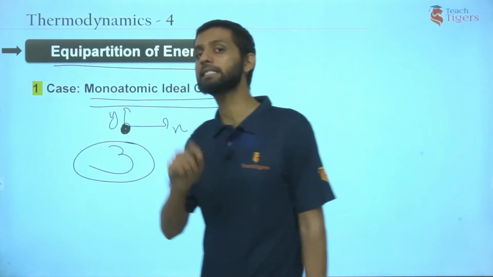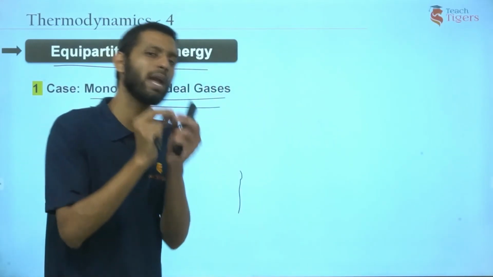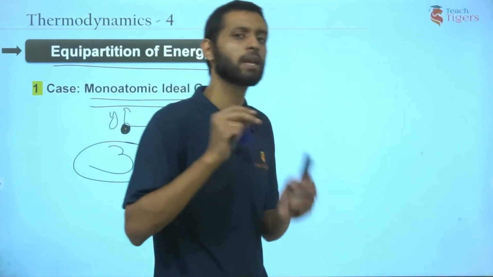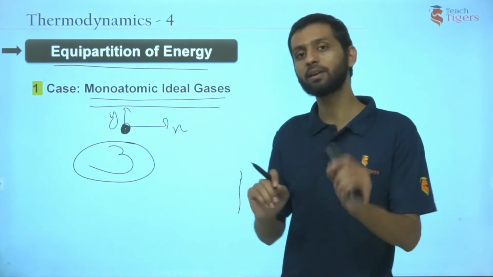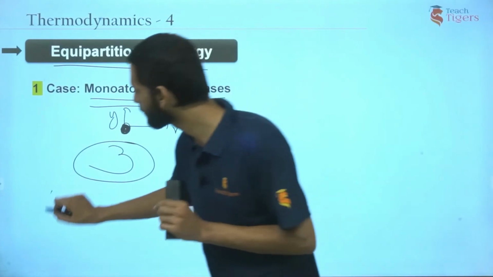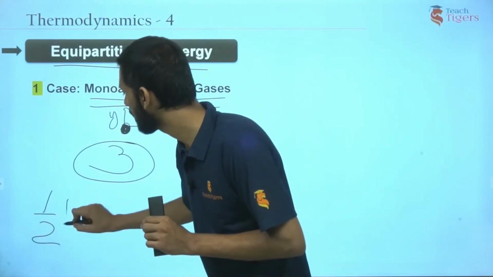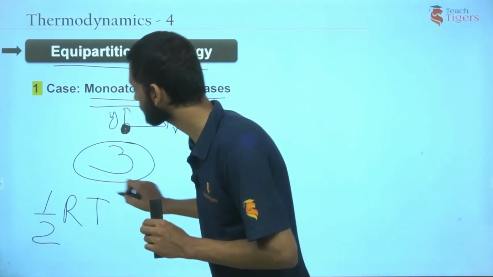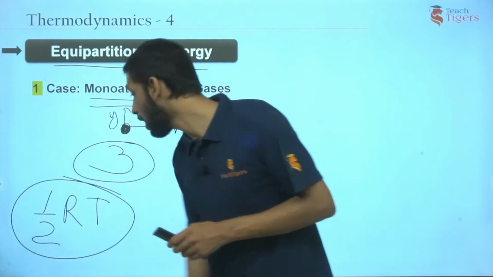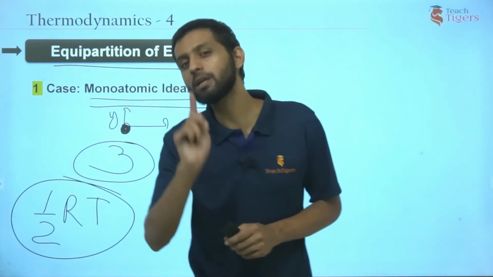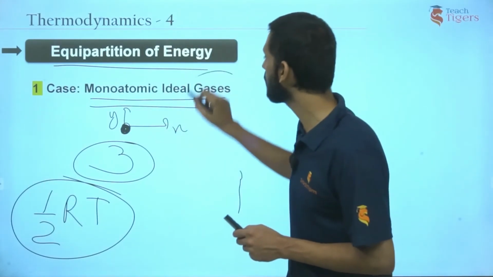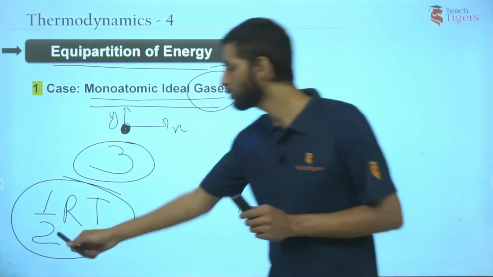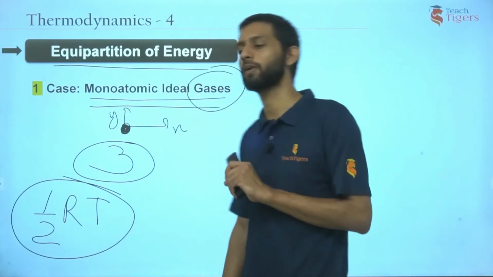That in each of these different ways to express your energy, how much energy will be given? It will be 1 by 2 RT for every mole of your gas.